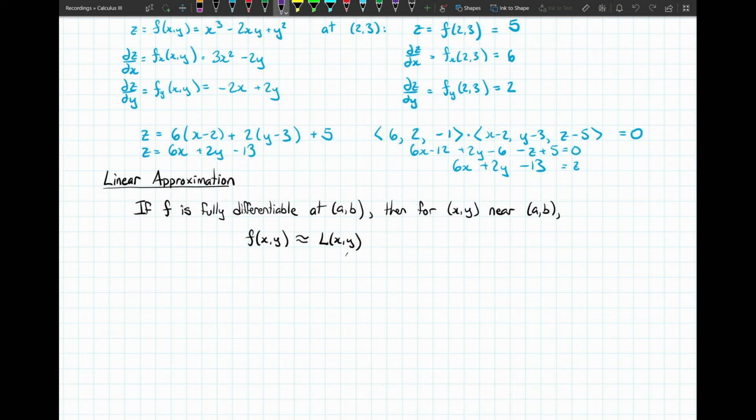We also call this the linearization of f at the point a comma b. The function for our tangent plane is just known also as the linearization of f at that point.